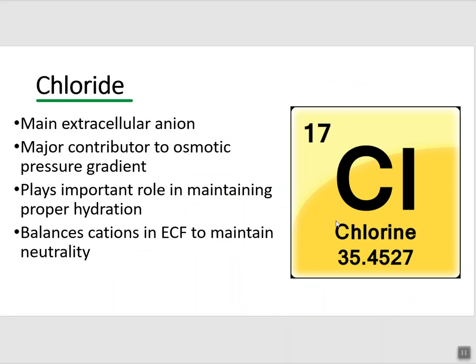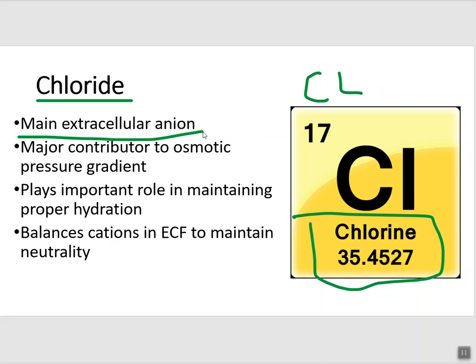Chloride. Chlorine is one of the gases, very, very reactive, has seven electrons in its outer shell, so it's really reactive. This is going to be one of our main extracellular anions because it's paired with sodium. Salt dissolves in water.